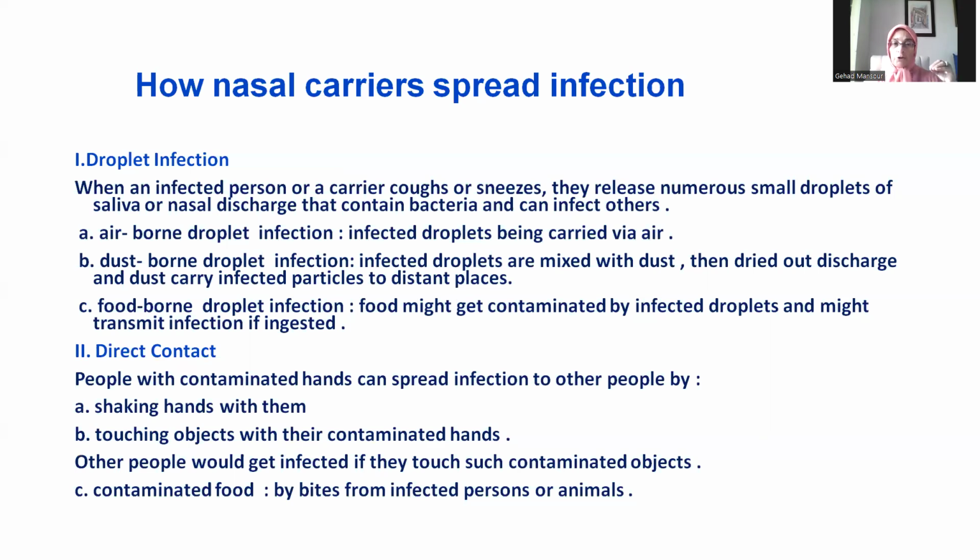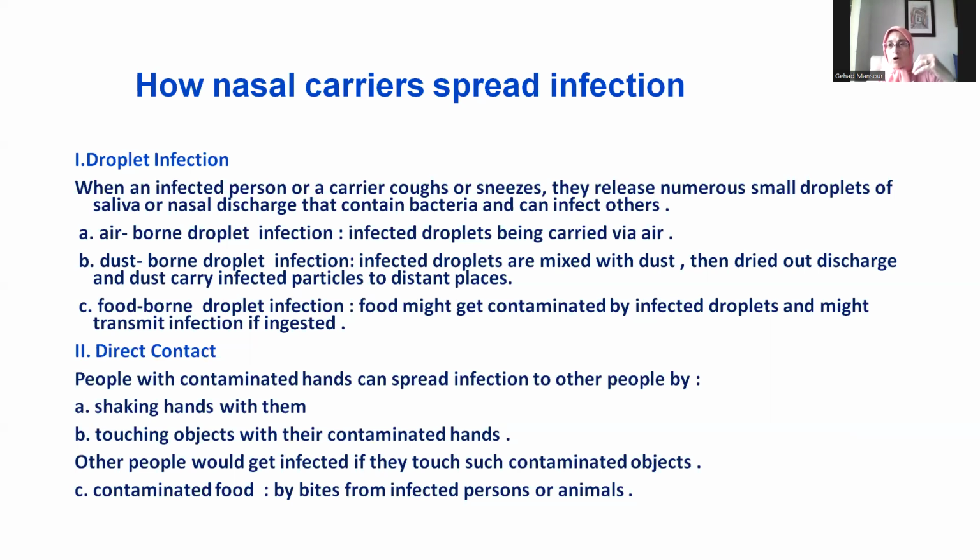But the droplets themselves can be transferred via three ways. The first one is airborne droplet infection, when those droplets of saliva or mucus are transferred via air to another person and that person inhales the droplet itself. The second way of transmitting droplets is dust-borne droplet infection.